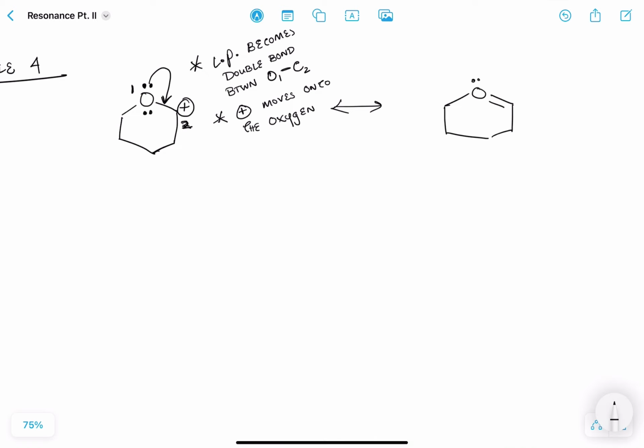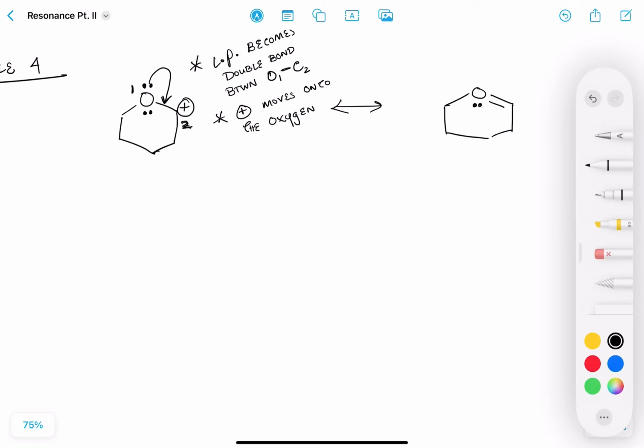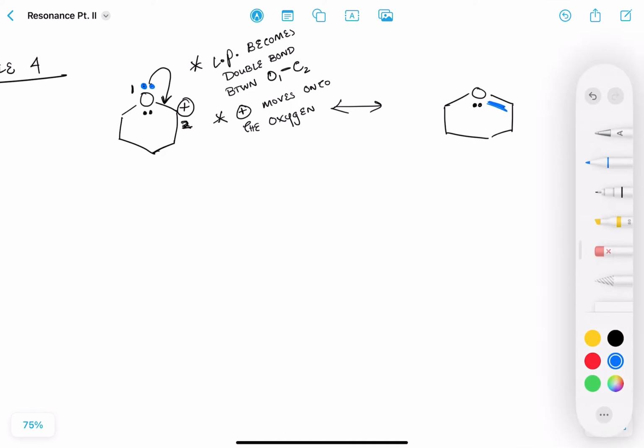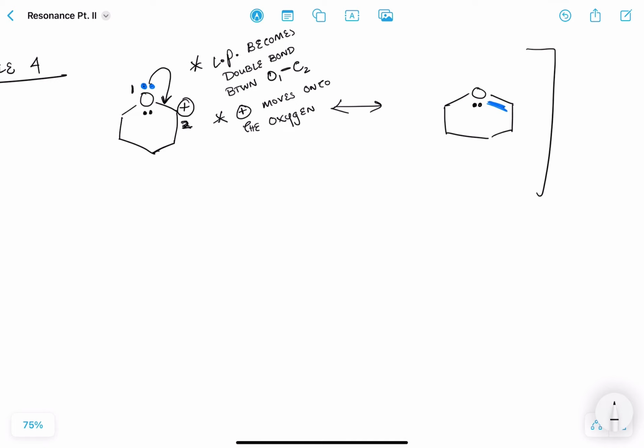So now we have only one lone pair where there were two. I'll actually draw it a little bit differently so you guys can see. And I'll put colors on this lone pair that dropped and became that bond, right? So you guys can see the movement. And so this is the other resonance structure.